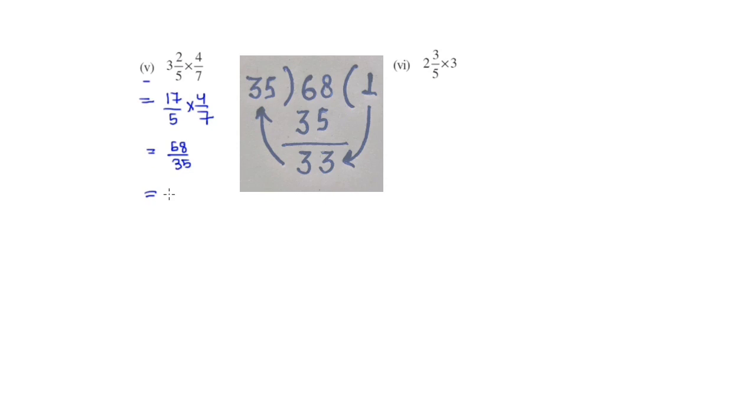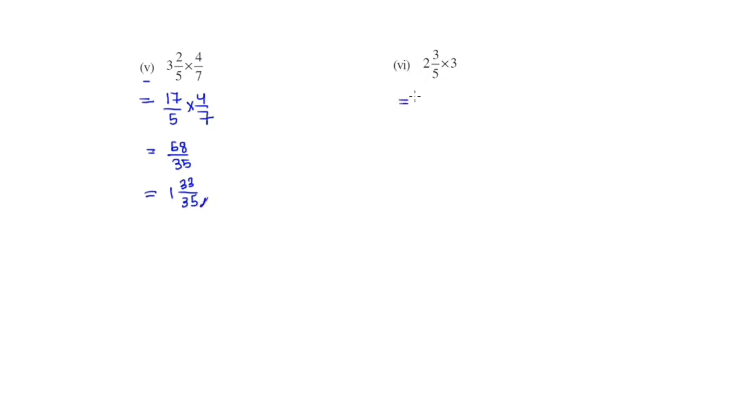Yes, I have also shown it in the picture. You will get the quotient as 1 and the remainder will be 33, and you will write the divisor as the denominator. Clear? So 1 and 33 over 35 is the result of this multiplication.